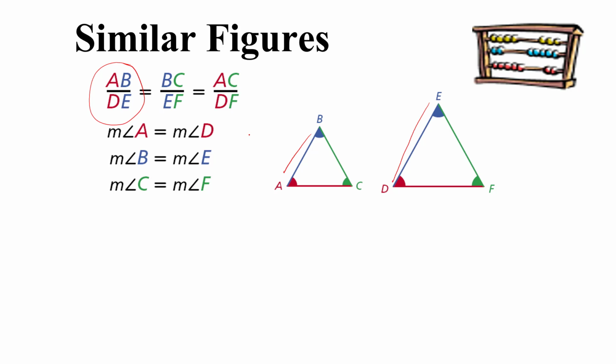Now, you will notice that the angles, however, are congruent. So while a congruent shape has same shape, same size, a similar figure has the same shape but different size, and it has different side lengths but congruent angles.